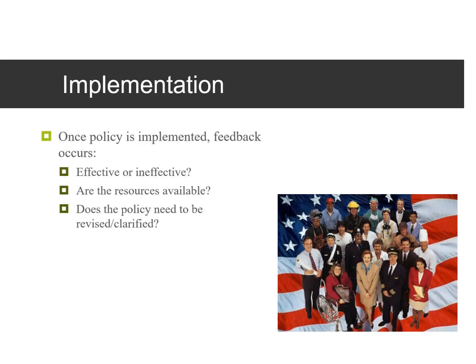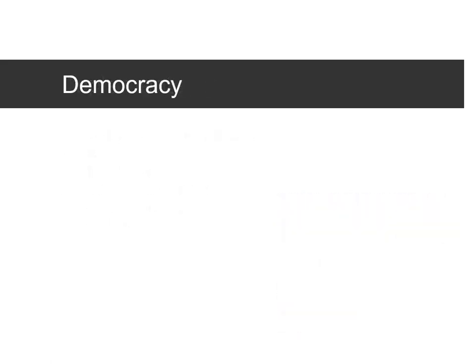So implementation. Once a policy is implemented, the feedback that occurs is: is it effective or ineffective? And then are there resources available? And does this policy need to be revised or clarified? So do we need to change this policy? And then democracy.